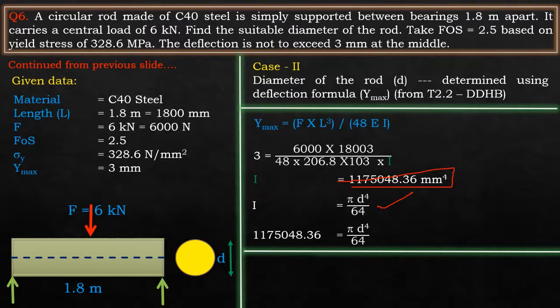From this equation, we'll be able to determine the diameter d. Note that the diameter d in case 2 is very much higher compared to the diameter obtained in case 1. Therefore, selecting the maximum diameter for this numerical, we'll consider 69.94 as the maximum diameter for this circular rod.